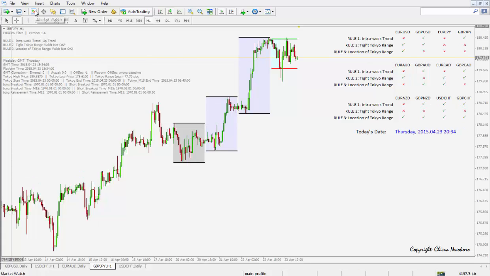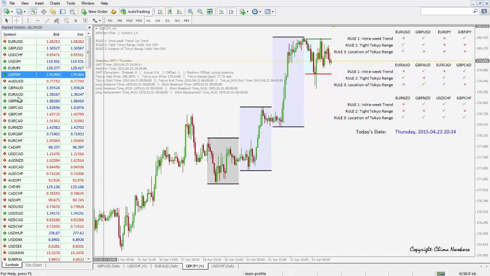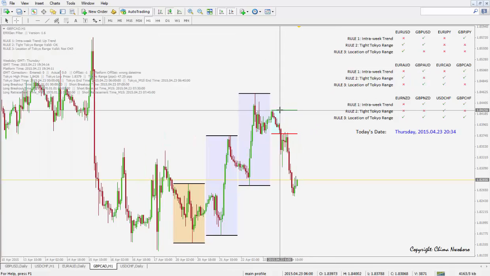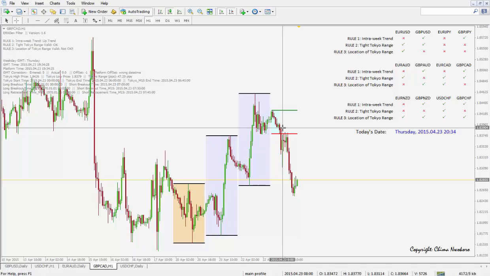Next will be GBP CAD. GBP CAD at 7 a.m. UK time, 6 a.m. GMT, price was still at this level, just at the edge of being below the top 30% of the previous day's range.